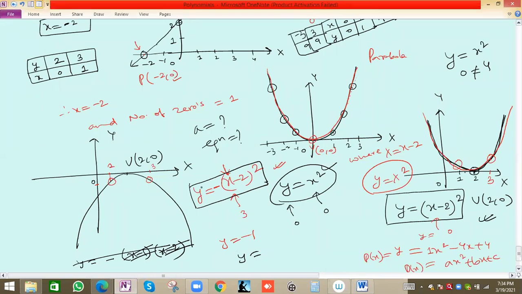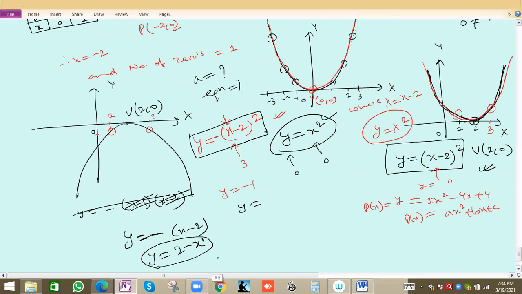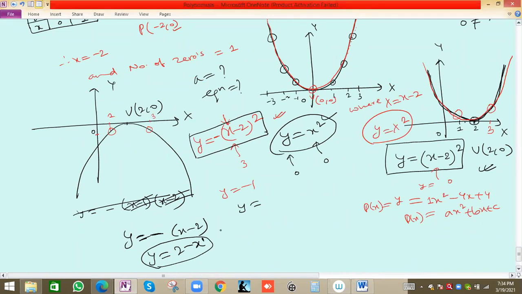So this one basically we are saying y equals minus of (x minus 2), without the square. This is basically a linear equation, y will be 2 minus x. It's a straight line equation only, because degree is 1. So we will get a straight line, 2 minus x graph we can plot, or this will become y plus x equal to 2, because x will come to the left hand side.